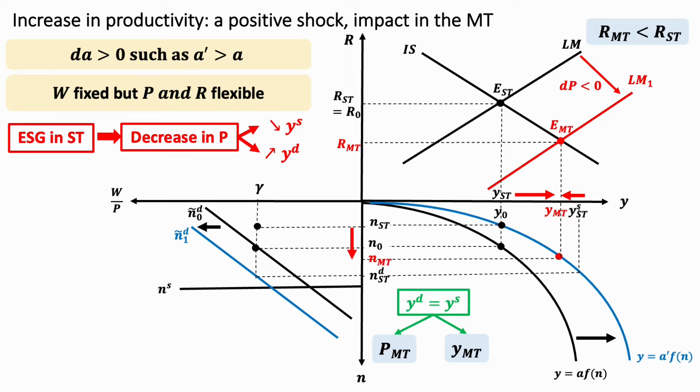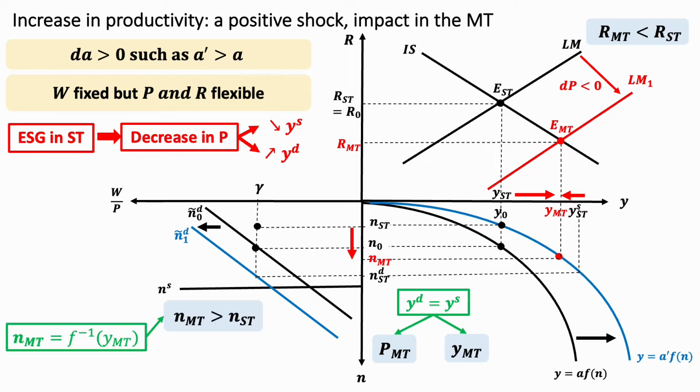In the graph that you see here, we observe an increase in employment in the medium term, and N medium term is higher than N0. This means that the increase in production in the medium term was large enough to trigger an increase in employment despite the higher productivity of workers.